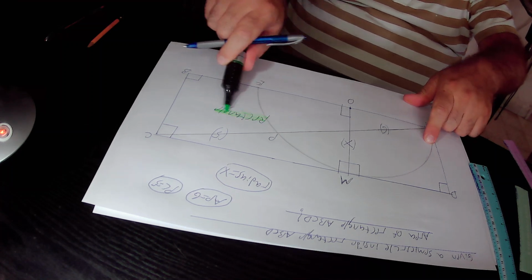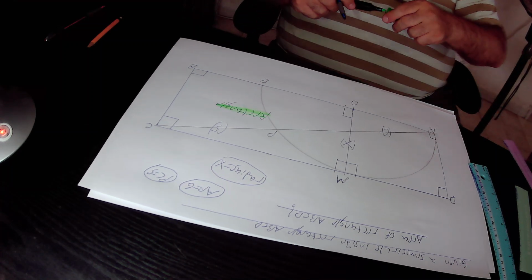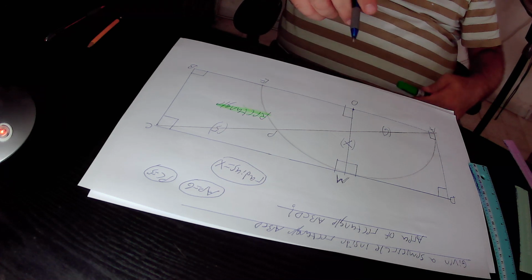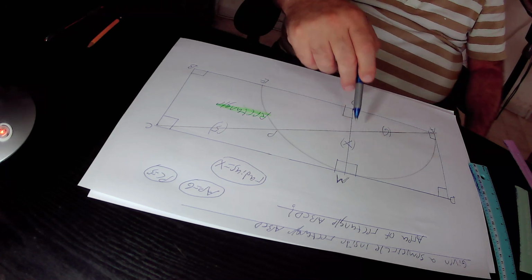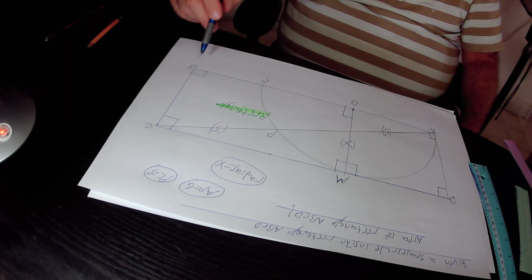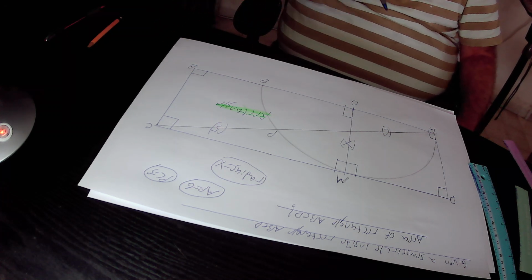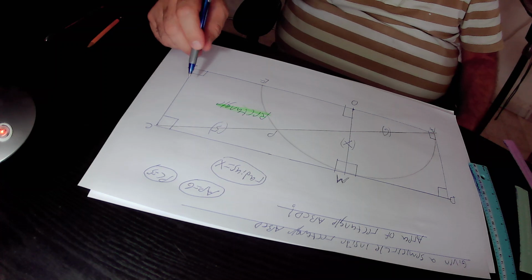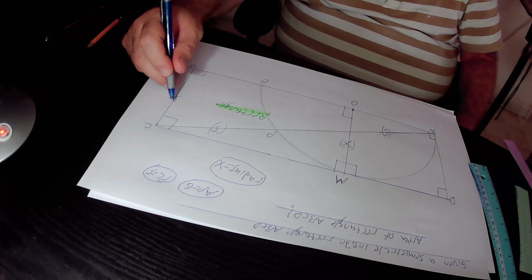But we also know that the opposite sides of a rectangle are equal to each other. So in rectangle MOBC, side MO must be equal to the opposite side CB, but MO is x, therefore CB must be also equal to x units in its length.